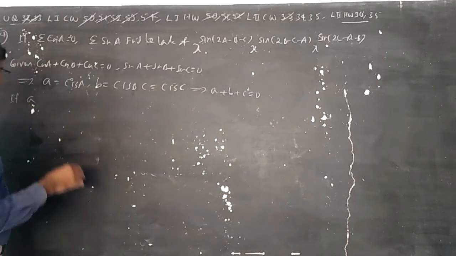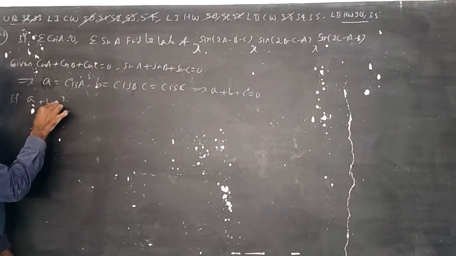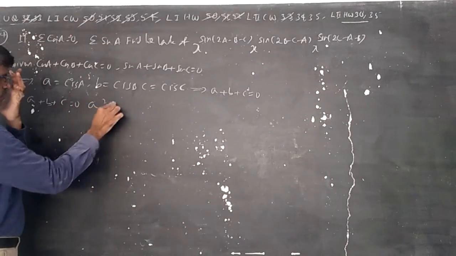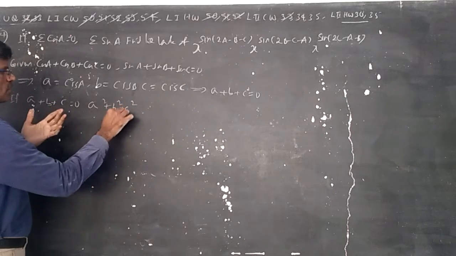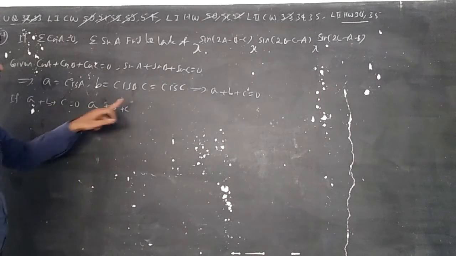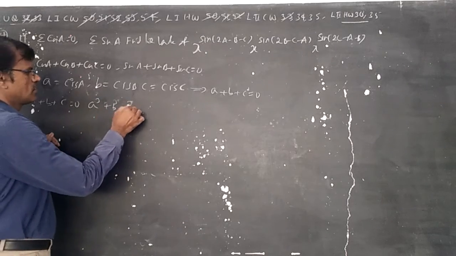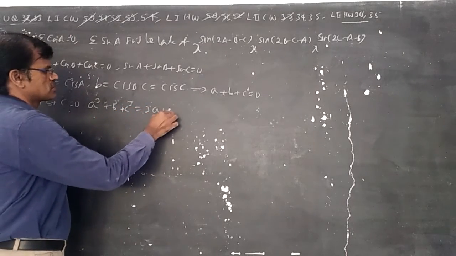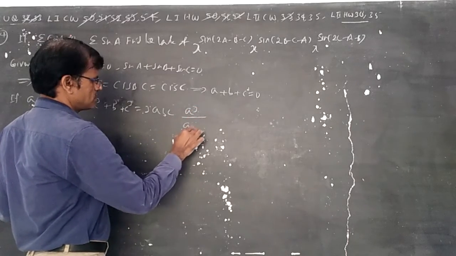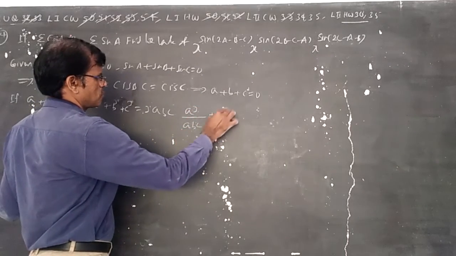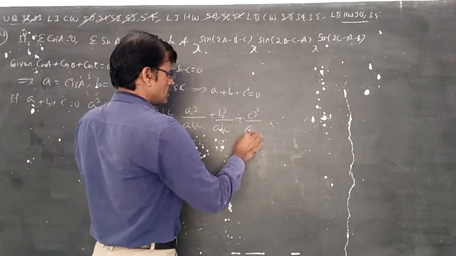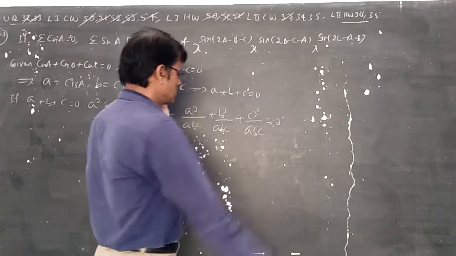If a plus b plus c is equal to 0, then a cube plus b cube plus c cube equal to 3abc, already we said this formula. So a cube by abc plus b cube by abc plus c cube by abc is equal to 3.